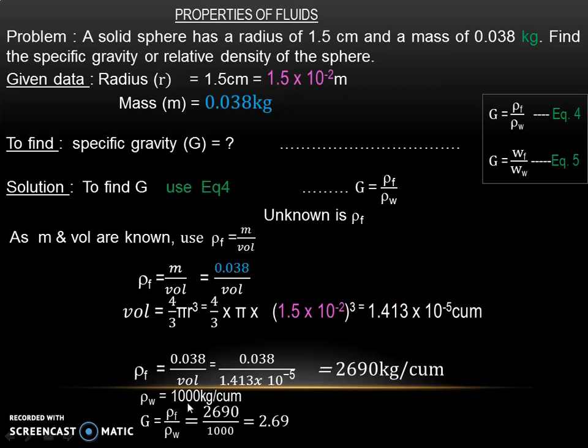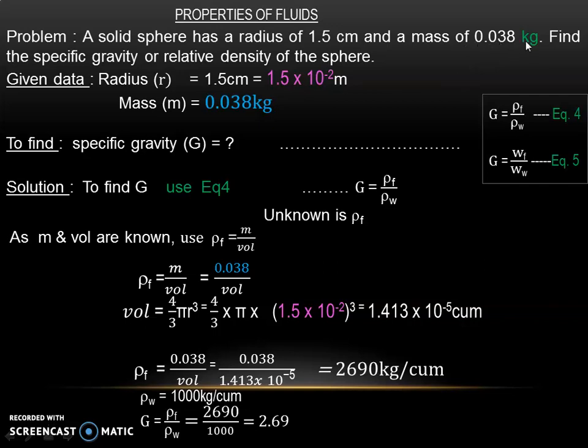That is the density of water, which is equal to 1000 kg per cubic meter. So substitute rho F, 2690, and rho W, that is 1000, to get G is equal to 2.69.